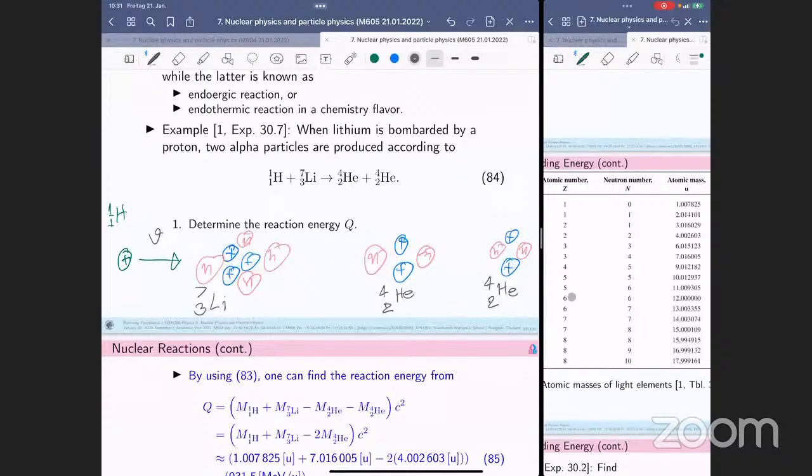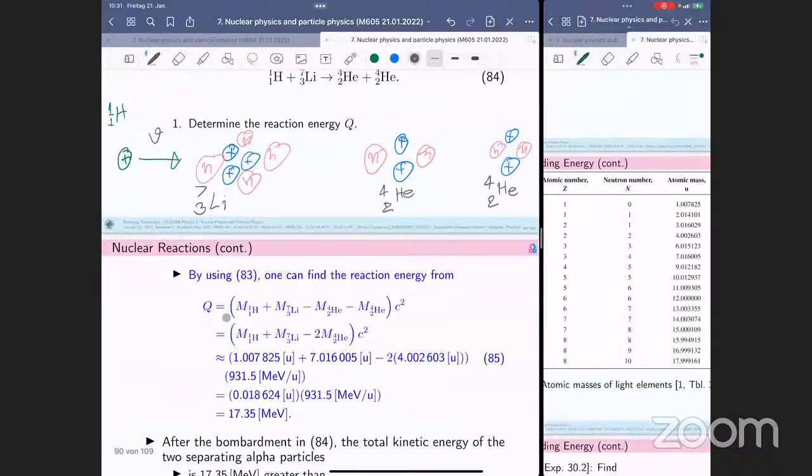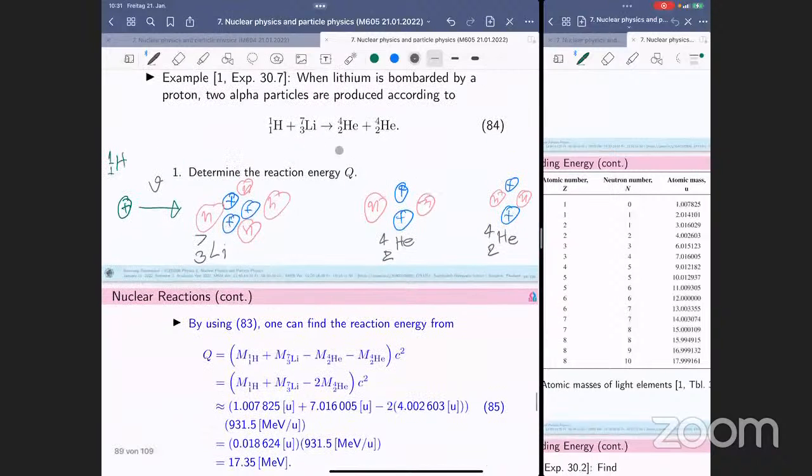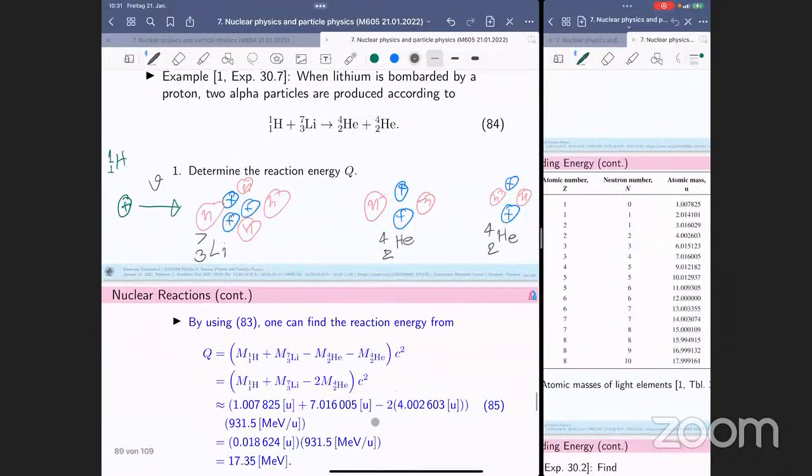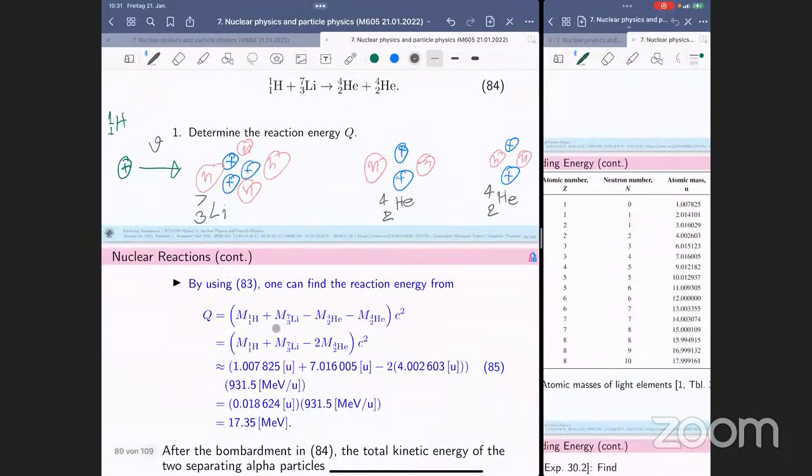Both alpha particles will have kinetic energy greater than the input kinetic energy here, because the energy difference from both sides, from input and output, becomes positive. So this one has more. Oh no, you would need to insert more.